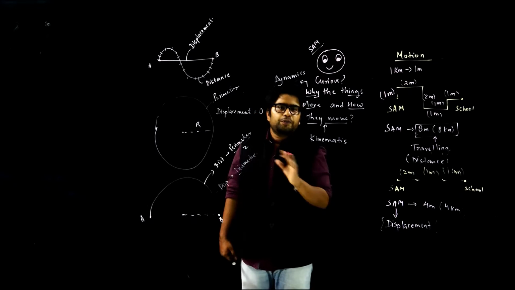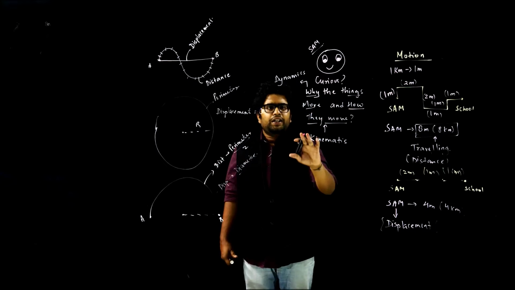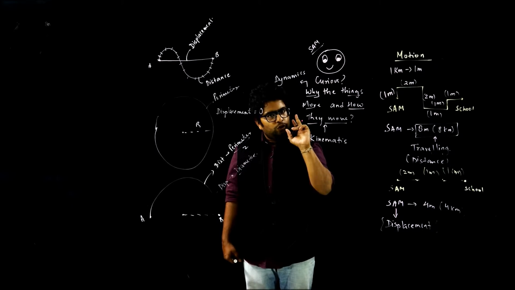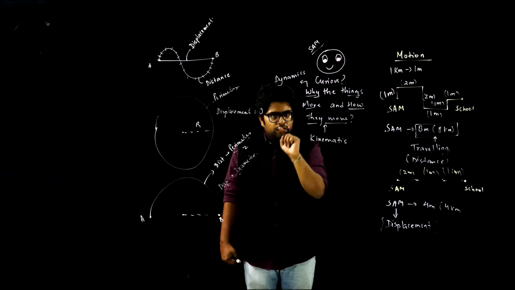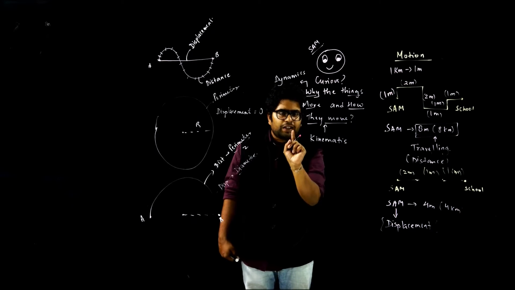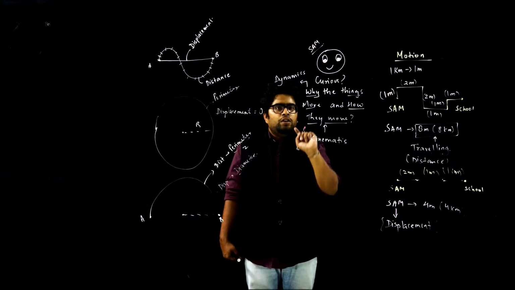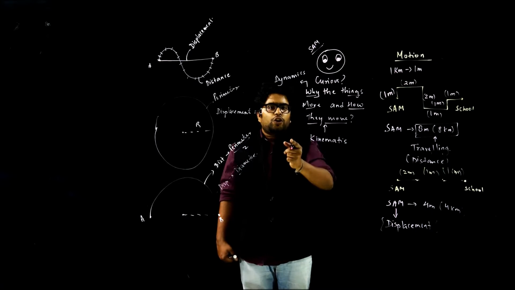So now I hope you got the picture. The picture says that if a particle is in motion, then it can cover two kinds of lengths. One is the actual path length and one is the shortest path length possible between two points. Now, the actual path length can be greater than the shortest path length.